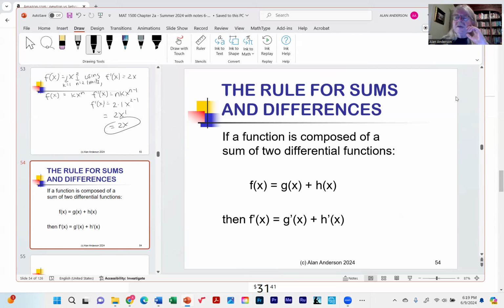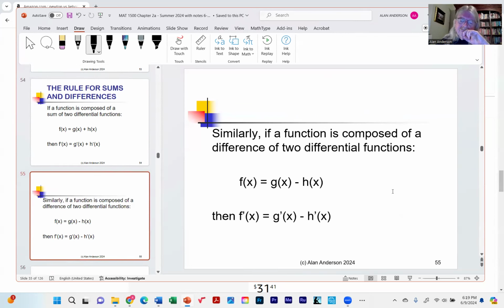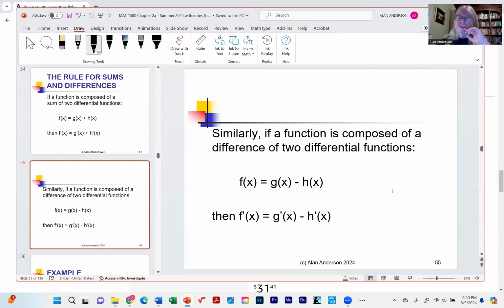All right, so that's not too bad. That's not much of a stretch. And of course, it works for differences too. So remember, this was the case with limits. The limit of f of x plus g of x is the limit of f of x plus the limit of g of x. And the same thing was true for differences.